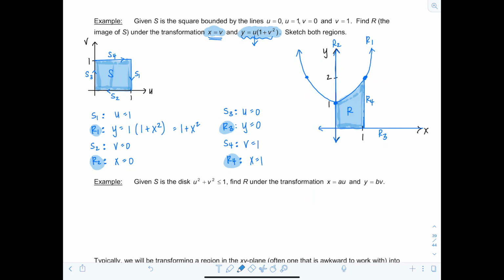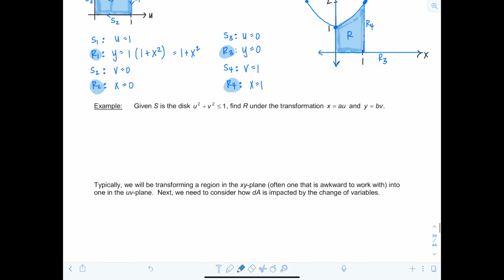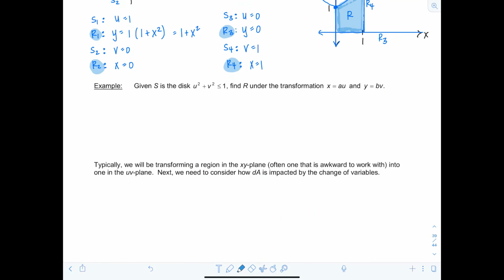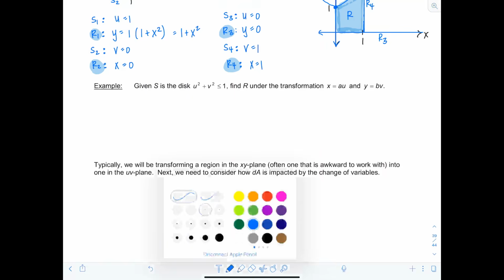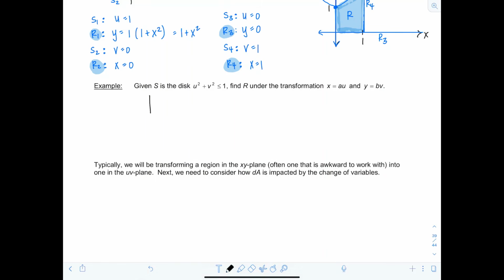All right, let's look at one more. Given that S is the disk, u squared plus v squared is less than or equal to 1, find R under the transformation x is equal to au and y is equal to bv. So first thing, I'm going to draw my region S. It's basically the unit circle, right?